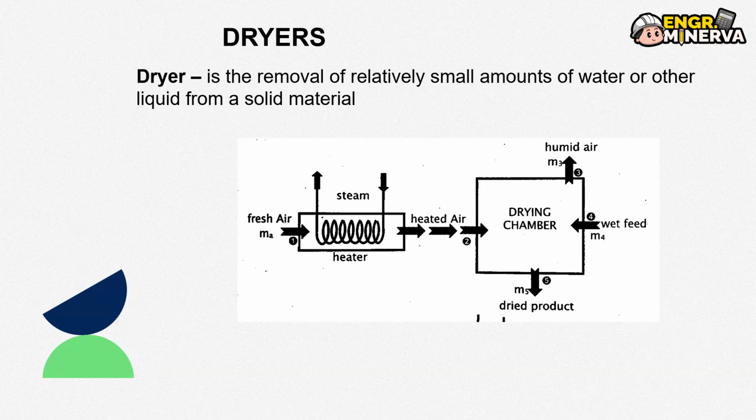So, in a dryer system, it has been said that your dryer has a heater and also has a drying chamber. The heater serves as a machine or a process wherein we are heating the air that will be used later on to dry our products.